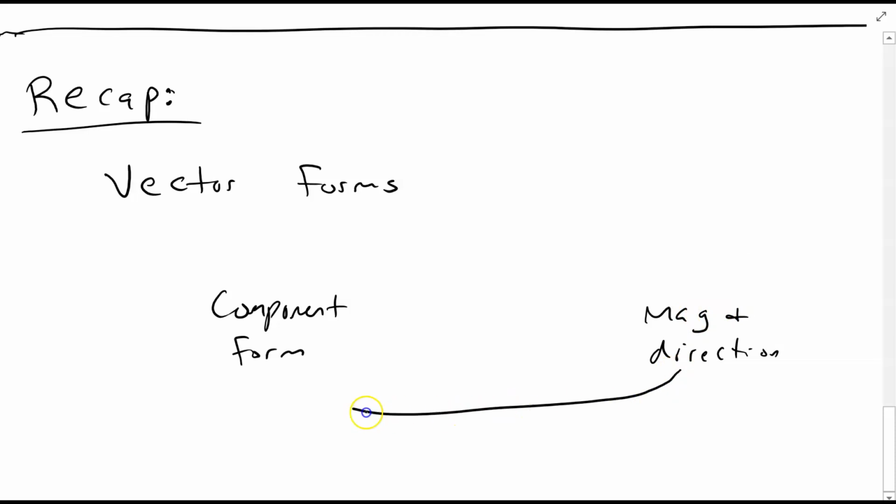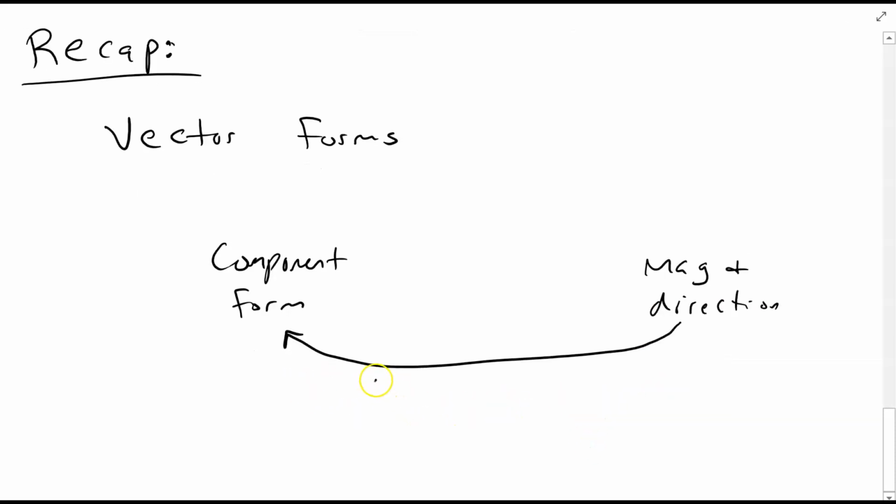To go from magnitude and direction back to component form, we take the magnitude of the vector times cosine of the direction. That'll give us the x component. And then we do the magnitude of the vector times sine of the direction, and that gives us the y component.